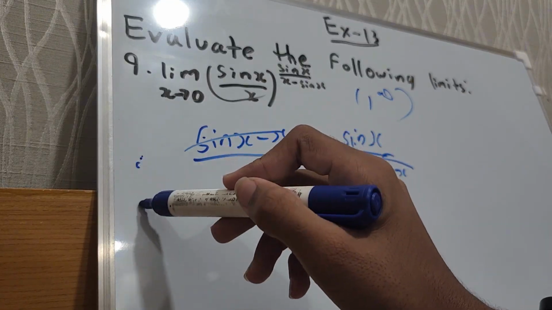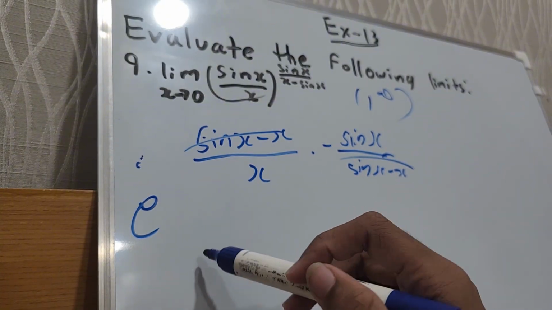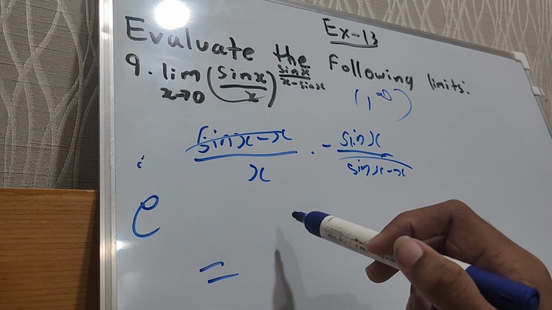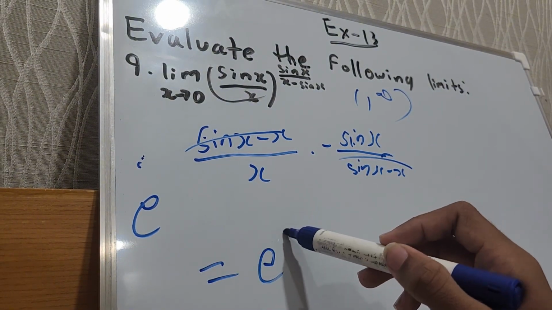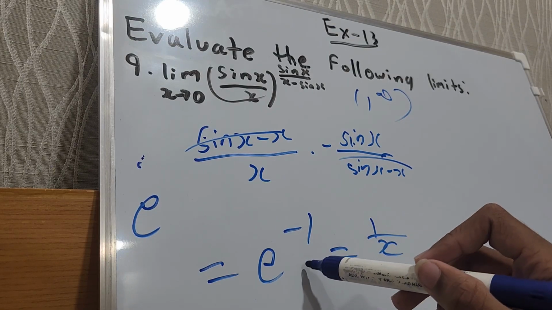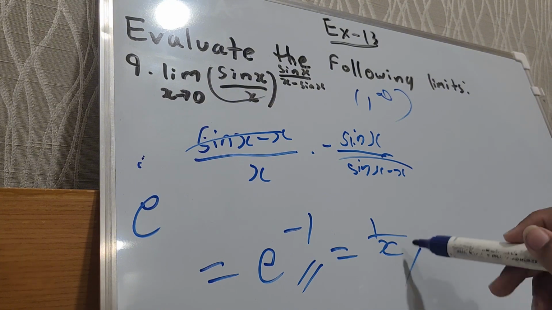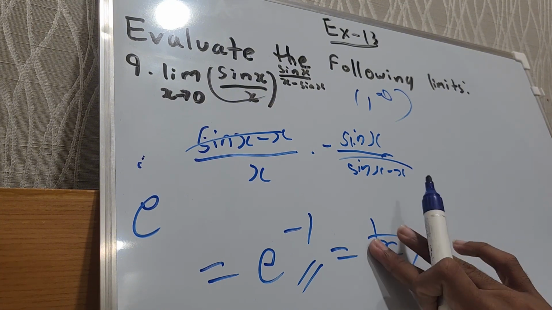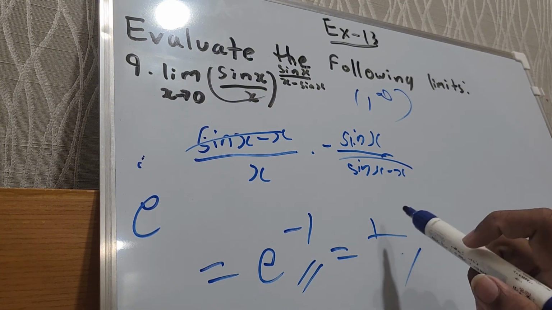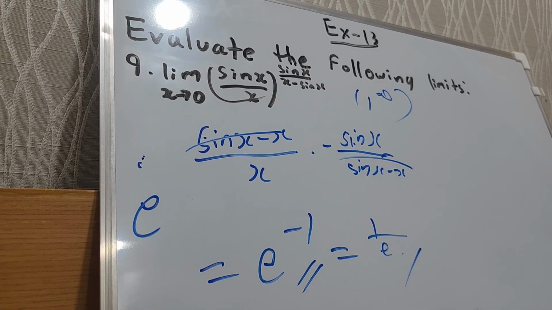So here will be e power this, and at last we'll get e power minus 1, which is equal to 1 by e. They will give this as the option, and they can also give 1 by e in another form as an option. So this is the 9th question. Now we'll move on to the 10th question.